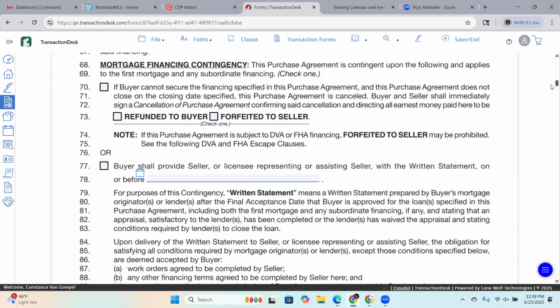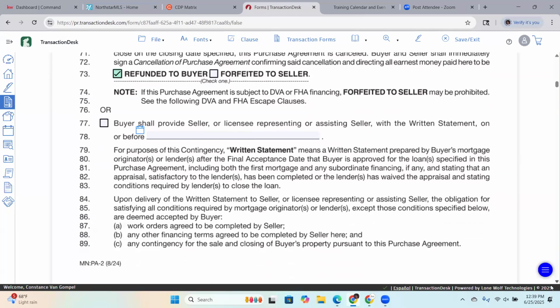Buyer and seller shall immediately cancel. Where is the earnest money going to go? If you have the buyer, you want it to go back to the buyer. That's right, you always want it to go back to the buyer, okay? A lot of people, of course, on the other side, want it to go to the seller. So hold strong on that. Suggestions would be best practice, 70 to 75, and then check off 73.